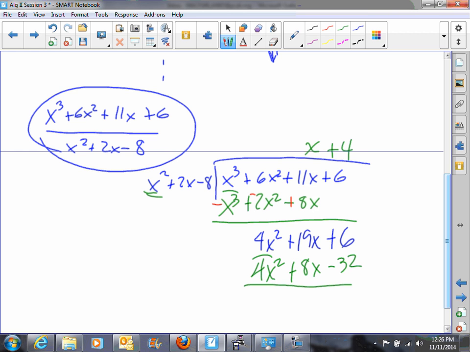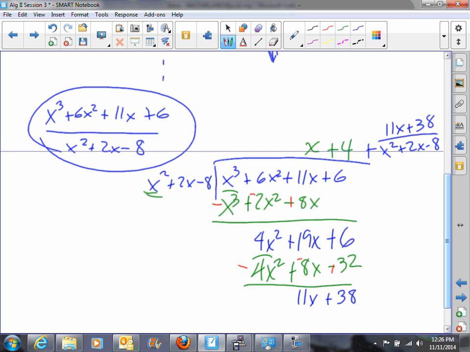Now once again, we make one mark here on each term and then add, and we'll get 0 there, we'll get 11x there, and we'll get 38. So we write this as x plus 4 plus (11x plus 38) over (x squared plus 2x minus 8). Now, here's the cool thing.